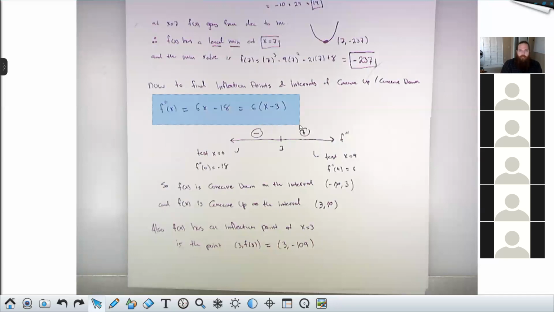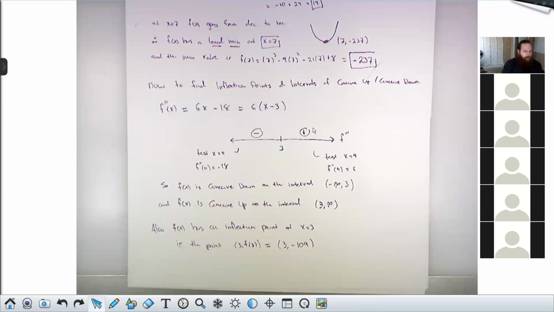F double prime tells us about concavity. F double prime tells us whether f prime is increasing or decreasing. If f prime is increasing, then our graph is concave up. And if f prime is decreasing, then our graph is concave down. F prime being increasing means f double prime is positive.